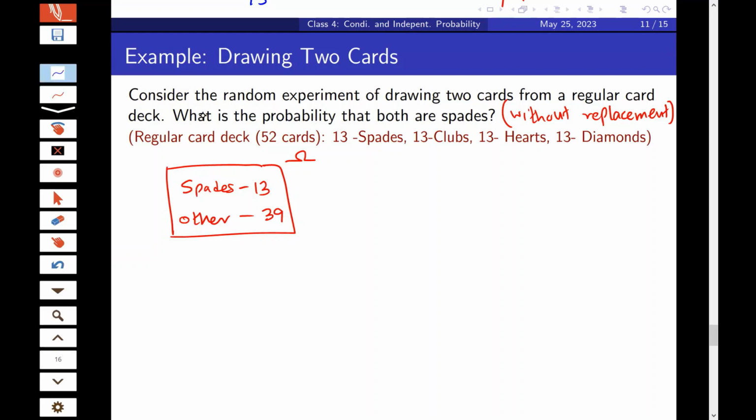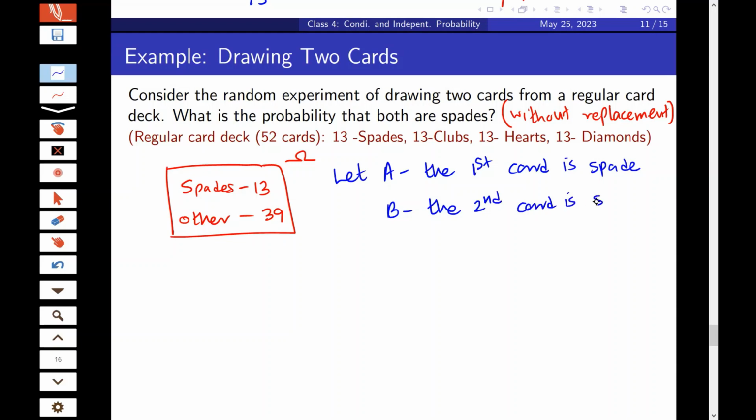Now let's define 2 events. Let A be the first card is a spade, and B be the second card is a spade. Now let's find the probability. PA, the first card is spade: total number of spades divided by total sample space.